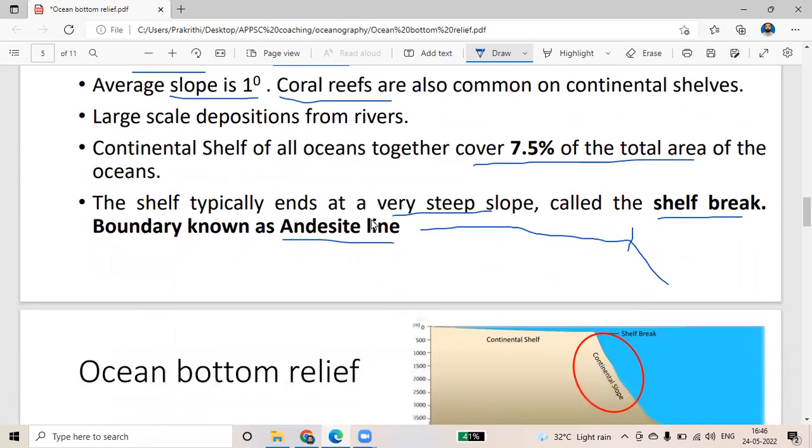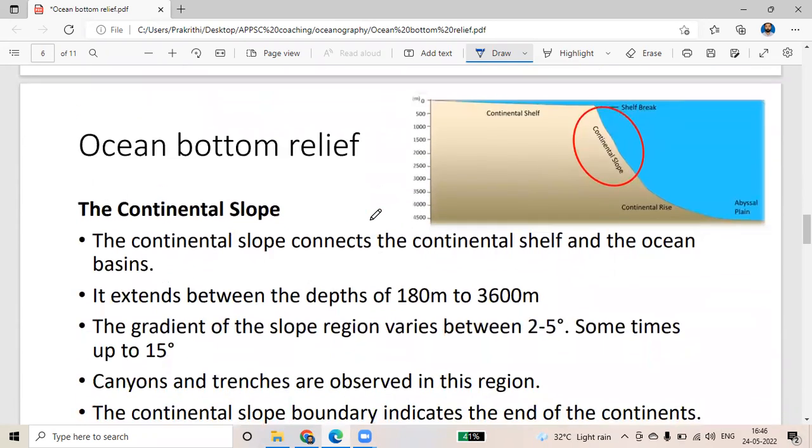Second comes the continental slope region. When we talk about the continental ocean bottom relief, actually from this continental slope the relief of the ocean starts.